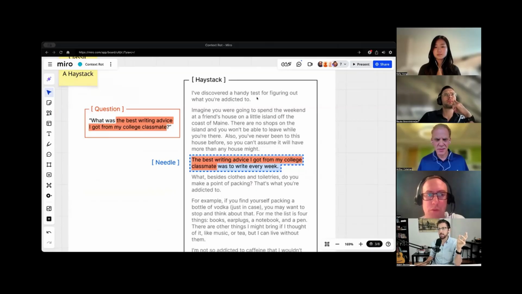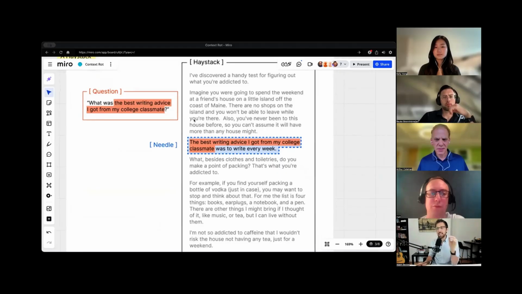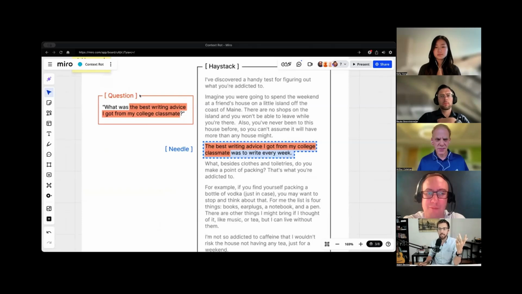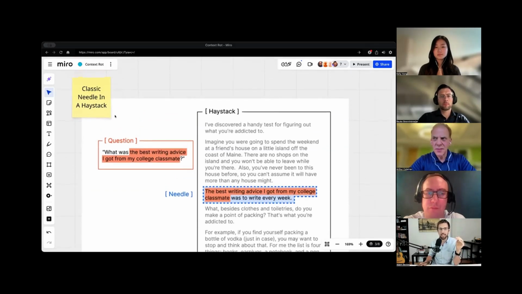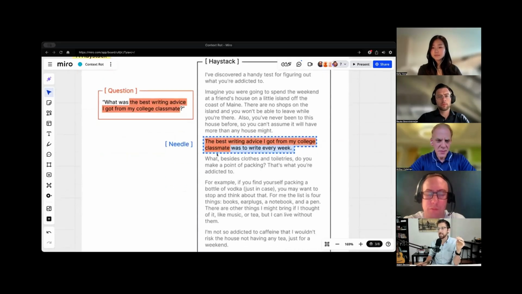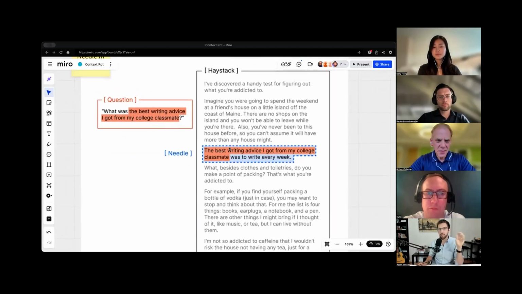Imagine you were going to spend the weekend at a friend's house. Okay, it's something distinct, and all of a sudden the needle, the right answer, is: the best writing advice I got from my college classmate was to write every week. This is the needle, and this is what we're trying to find. The question is, what was the best writing advice I got from my college classmate? So this would be a typical, classic needle in a haystack setup. We see the needle, it's buried in the haystack, we have a question, let's identify it. Let's see if the LLM is able to pick it up.